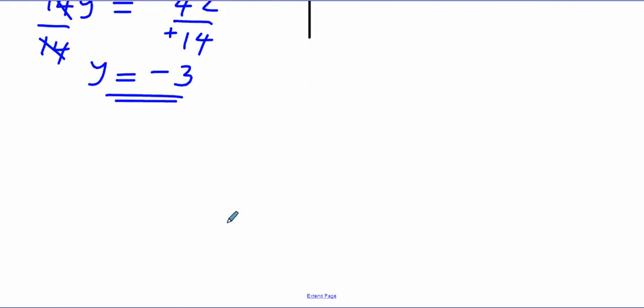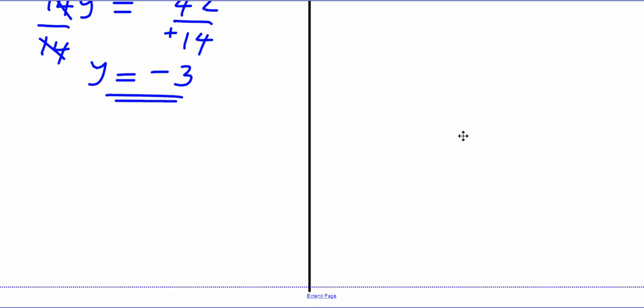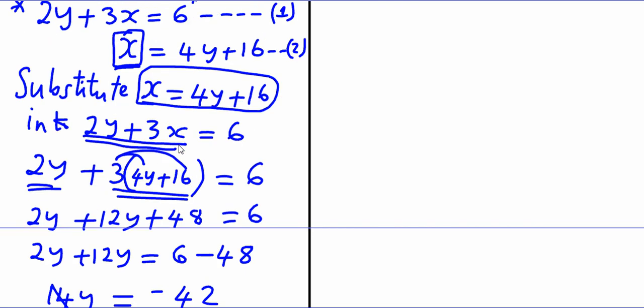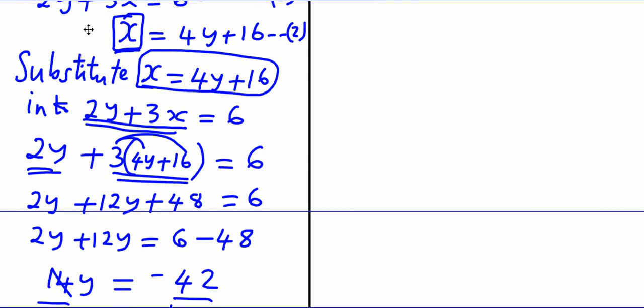How about x? So from here, let us pull this border, extend it down. Okay, so we already know what is the value of y. Then we go back to this equation here, which says x equals 4y plus 16.